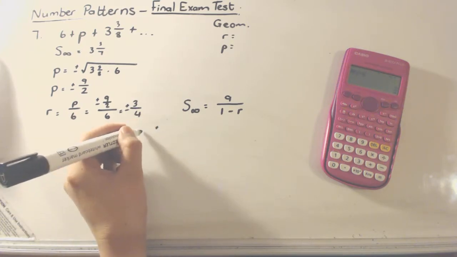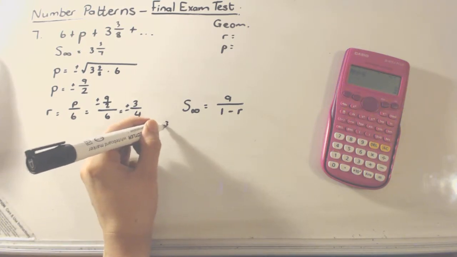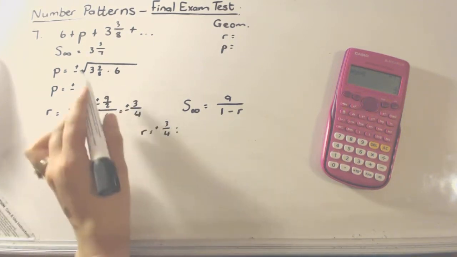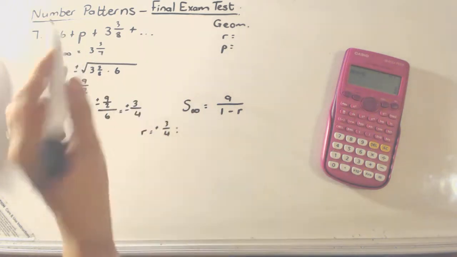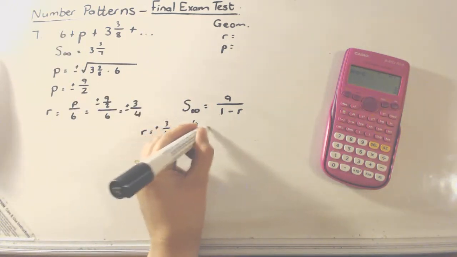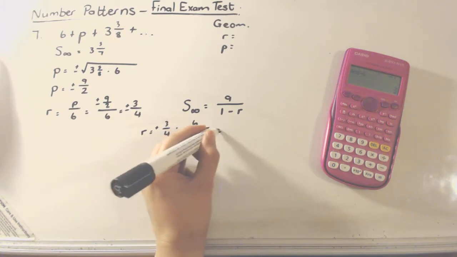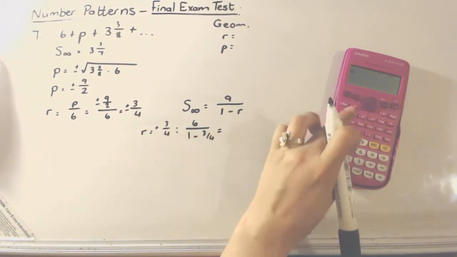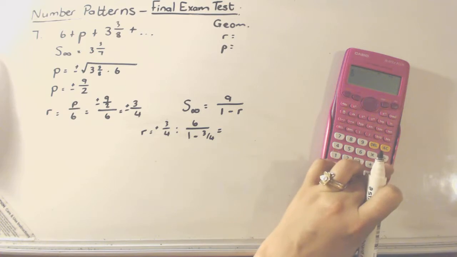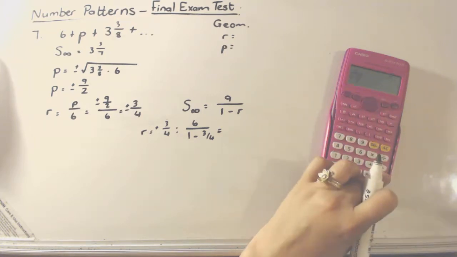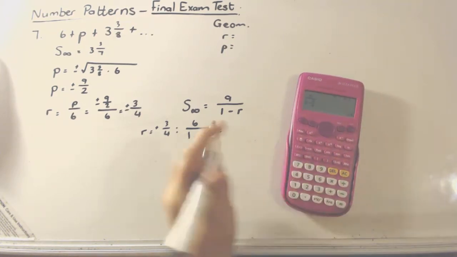If r is positive 3 over 4, then I have my a value, which is 6, over 1 minus 3 over 4, 6 over 1 minus 3 over 4, and that gives me 24.